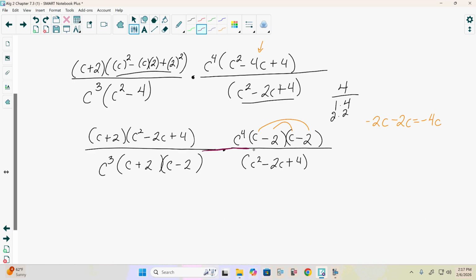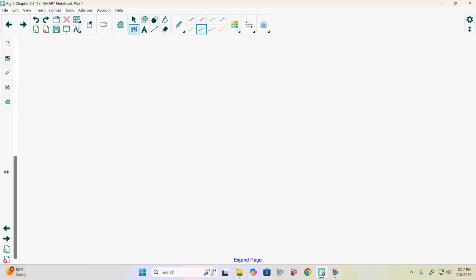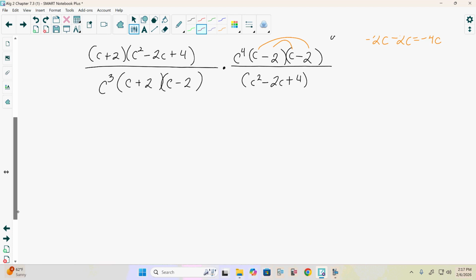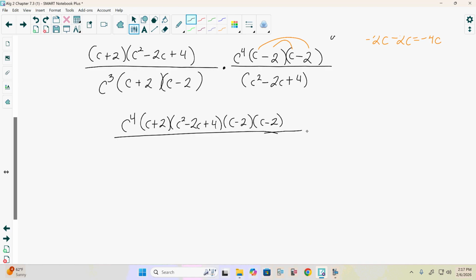When we rewrite it, all we're doing is moving the c to the fourth to the front, and then just rewriting it as c plus 2 times c squared minus 2c plus 4 times c minus 2 times c minus 2. And yes, we could write it as c minus 2 squared since they're being multiplied by themselves. We can leave it as that there also.